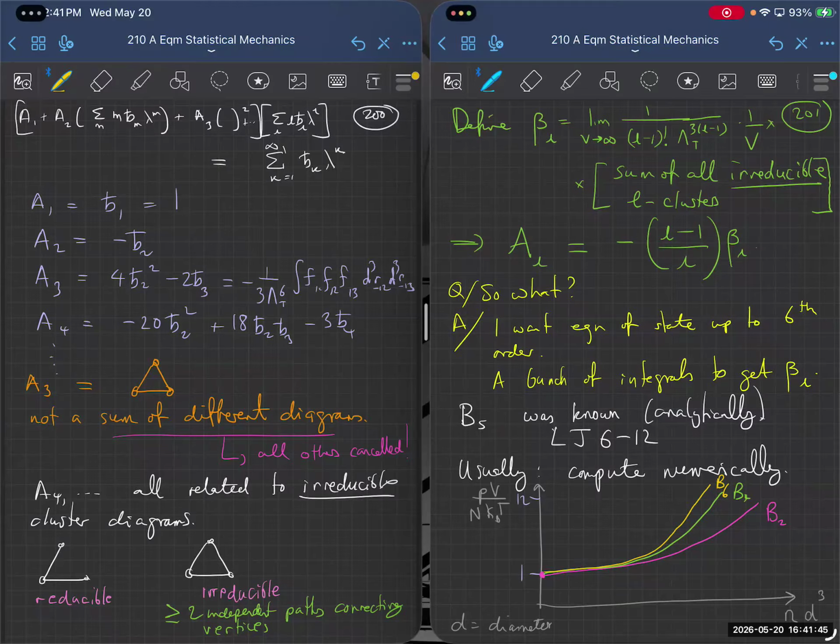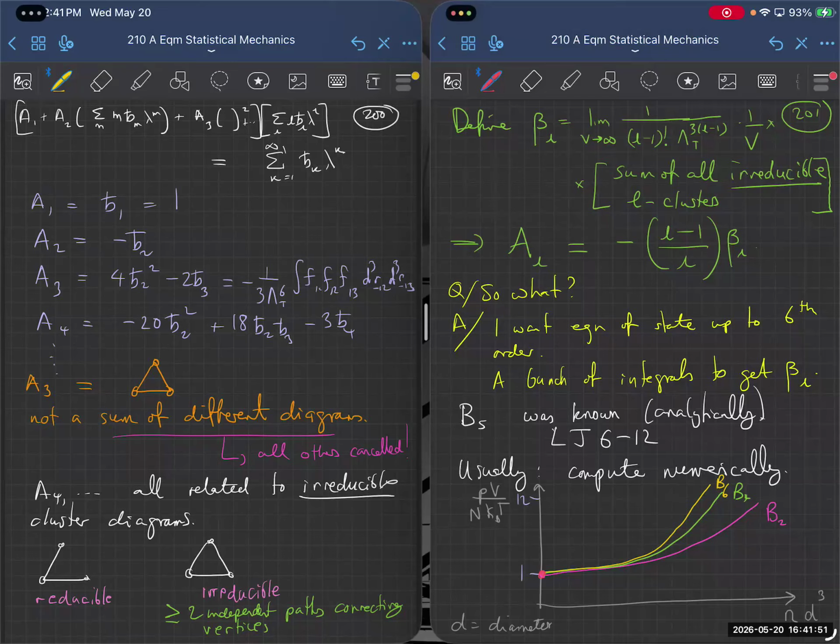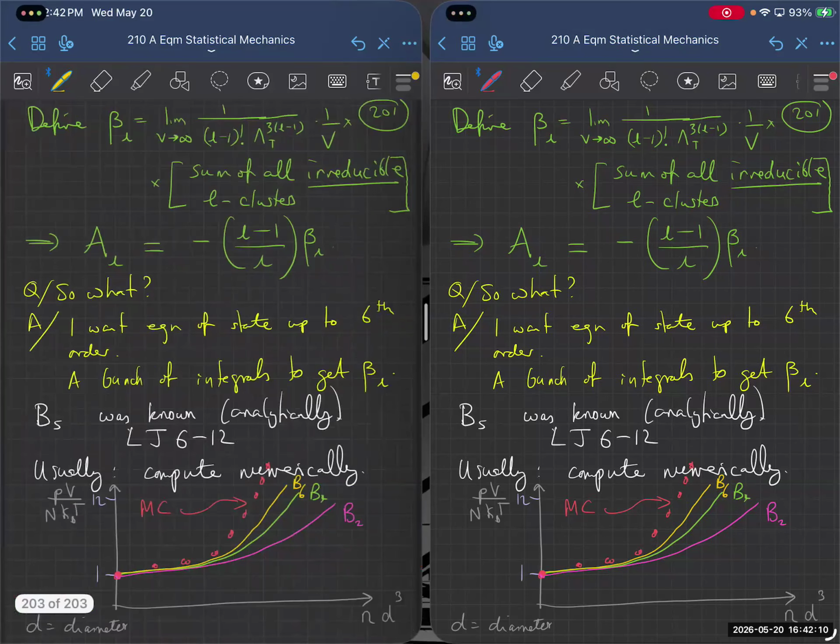So let's see what the real answer is. So the real answer is this, something like that. So that's what you get from doing, say, a Monte Carlo simulation. So it kind of works, but it breaks down at high densities.